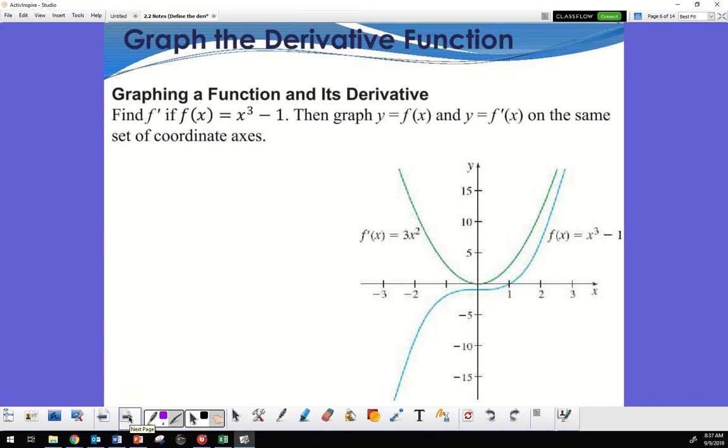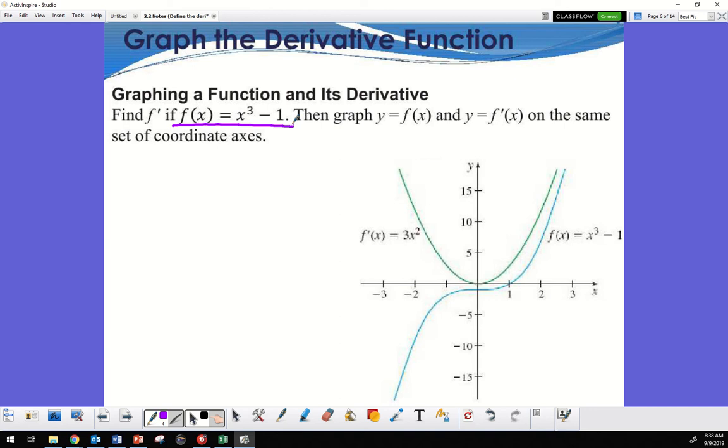So graph the function and its derivative. Okay, here's my function. For the sake of time, I'm going to jump straight in and just tell you what it's going to be.